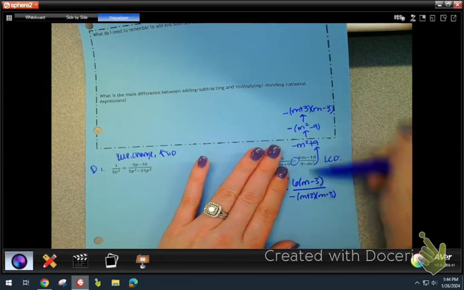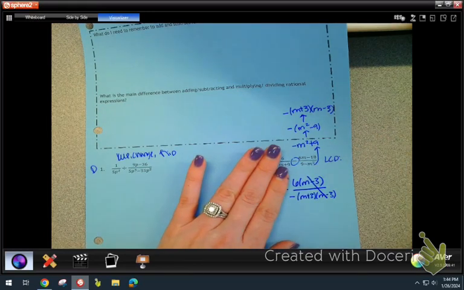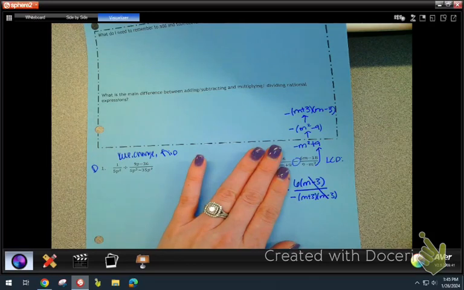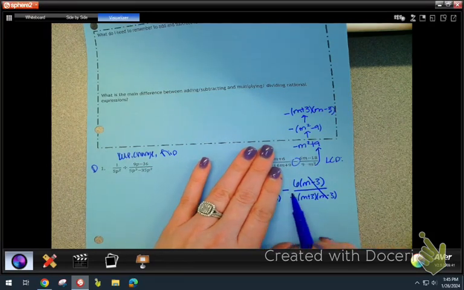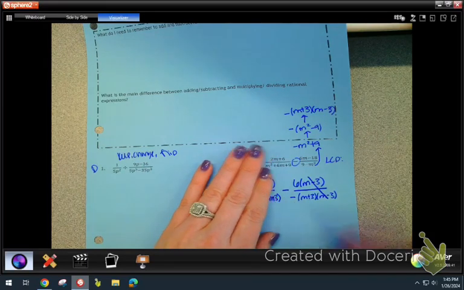Is it okay to simplify these? Sure it is. So the key is you can only do it within each fraction separately if you do it at first. Otherwise, wait till the end. Now, here's the other thing. These negatives: if you subtract something that's negative, oh my gosh.